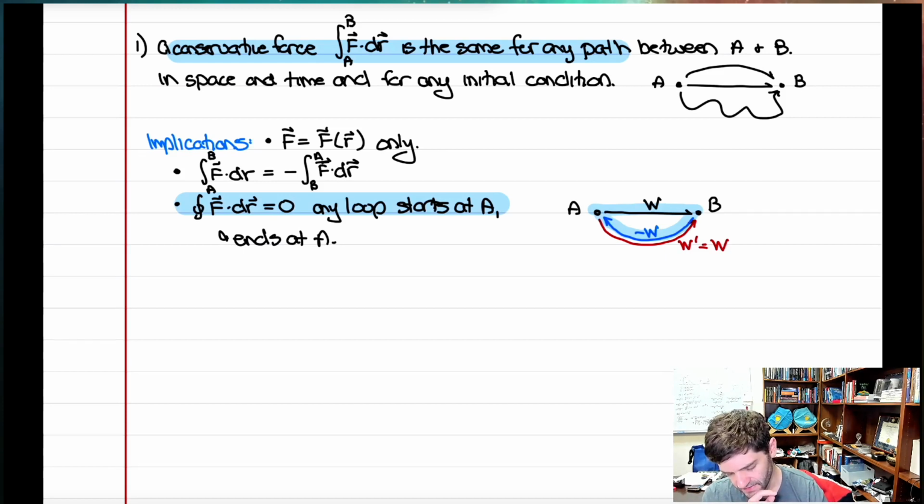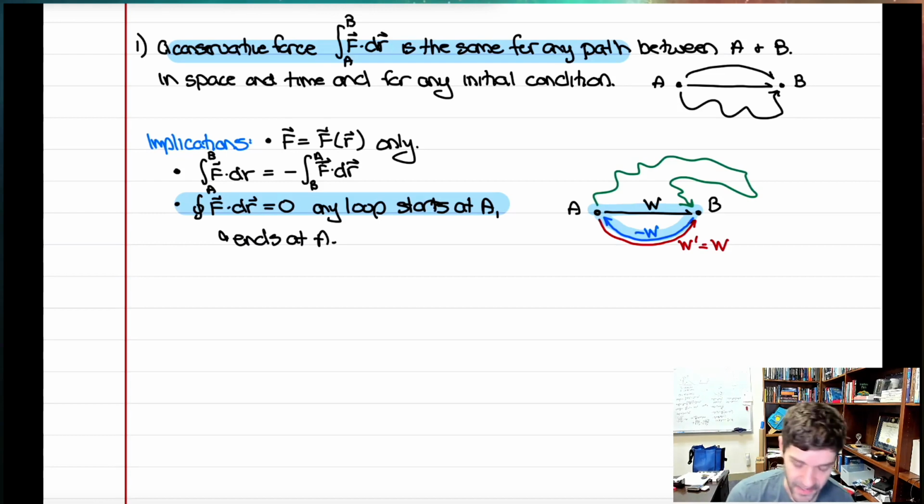So since this is arbitrary in terms of the path we take, I could also imagine a path that starts at A and does this, and that's some other path that takes you from A to B. But then that also better require the same amount of work to be done.